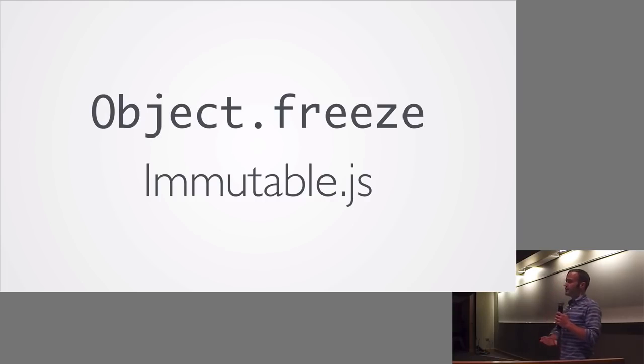So there's a couple things we can do to alleviate this. Back in ES5, Object.freeze was introduced, which is a function that allows us to, as the name suggests, freeze an object or an array and prevent it from being mutated. And so that's a nice approach to utilize, and we'll see that in a second. Another approach that I highly recommend is Immutable.js, which is a library from Facebook, and it has a lot of immutable data structures that you can utilize.